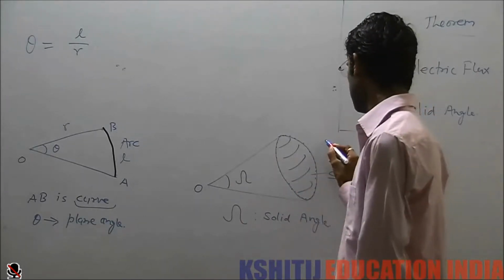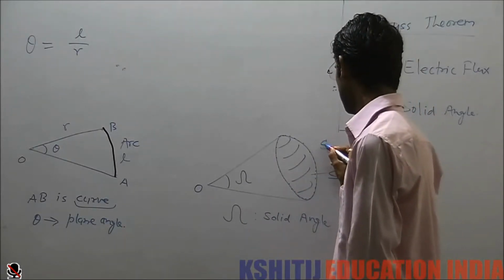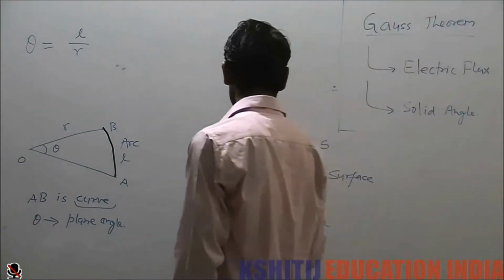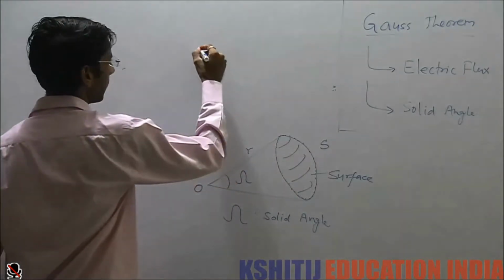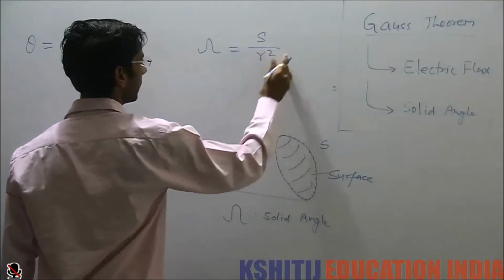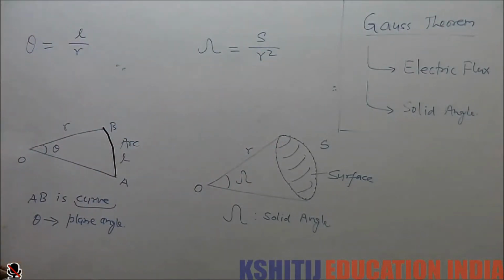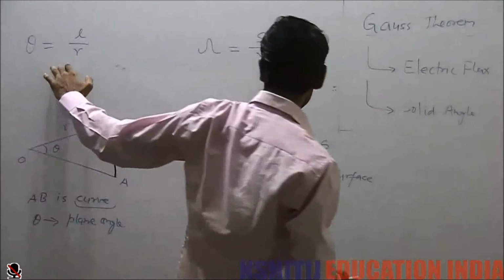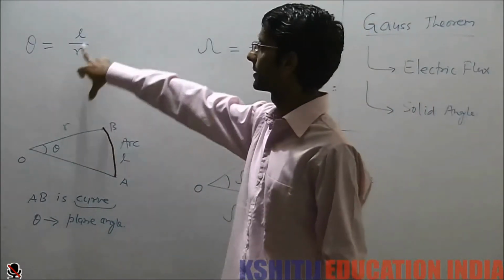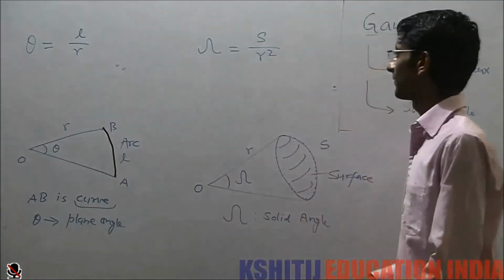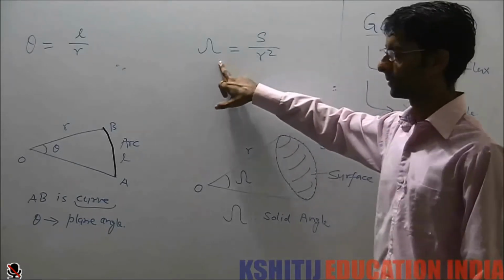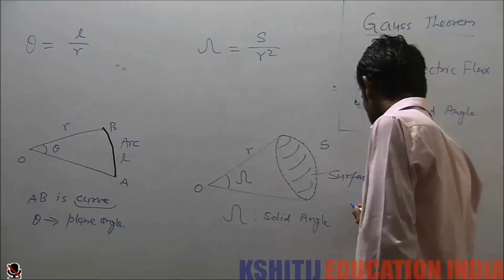If we say that this is the surface, it is going to have a surface area. So if this is the surface area and this distance is r, the solid angle can be measured as surface area divided by r square. Just like the arc length divided by radius is theta, in a similar fashion, surface area divided by r square is omega.